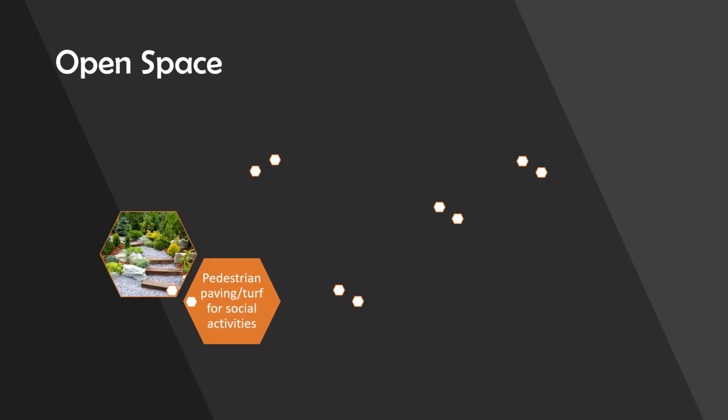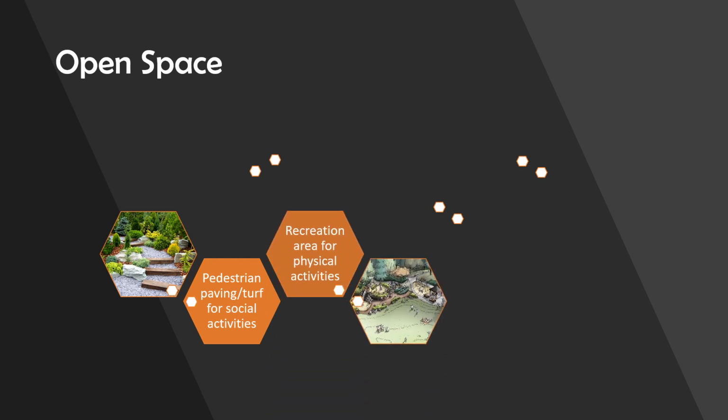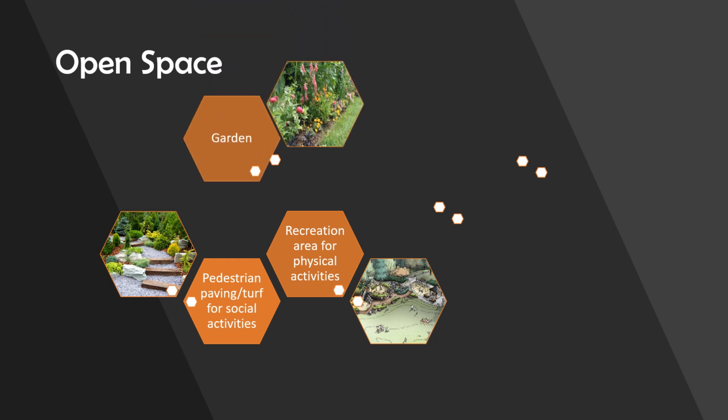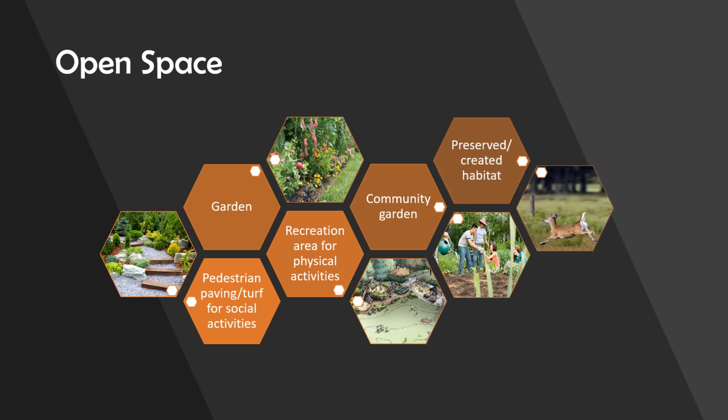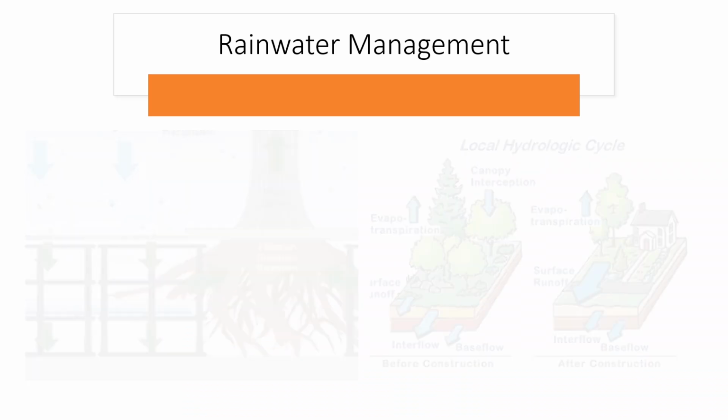Some of the strategies that can be used to provide open space include pedestrian paving, or turf for social activities, a recreation area for physical activities, a garden, a community garden, and preserved or created habitat. Be sure you know what constitutes an open space and who has access to it.